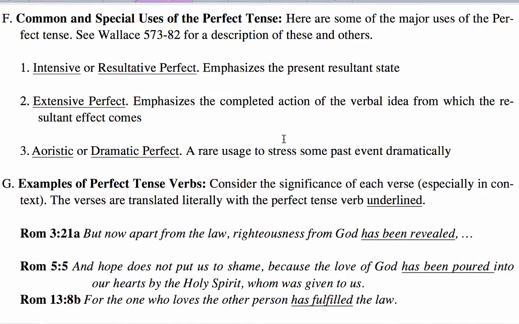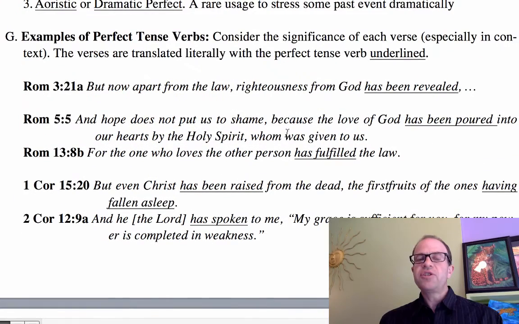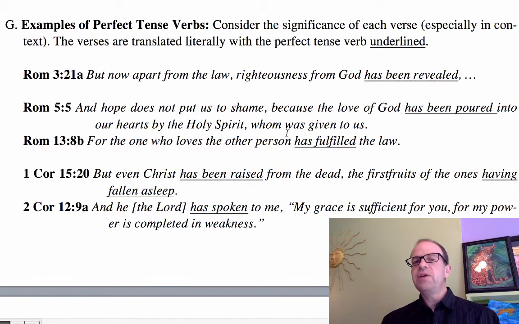Here's a list of some of the main uses of these two tenses. These tenses are significant when they are used because they are rather rare. So when an author has chosen to use the perfect tense and/or the pluperfect tense, there is special attention being given to the verbal aspect, the resultant state of affairs that these verbs point to.